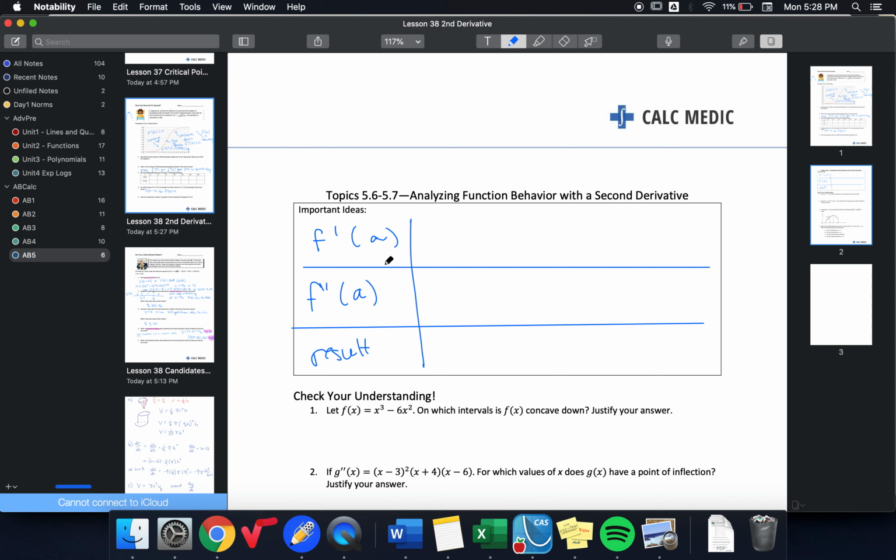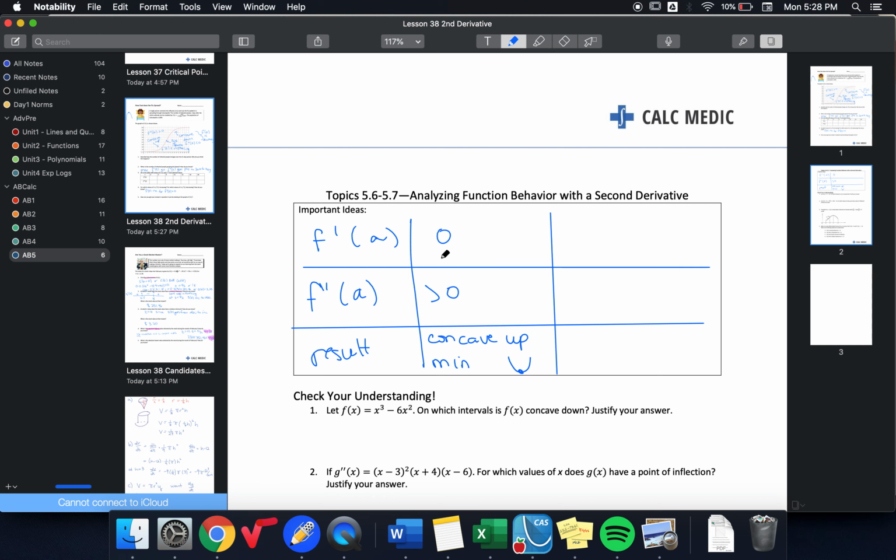All right, so if f prime of a is equal to 0 and our second derivative is greater than 0, this is greater than 0 for a second derivative, so it is concave up. Our result is we're going to have a minimum. So concave up, points like this. First derivative is 0, means a flat slope, so we have a minimum.